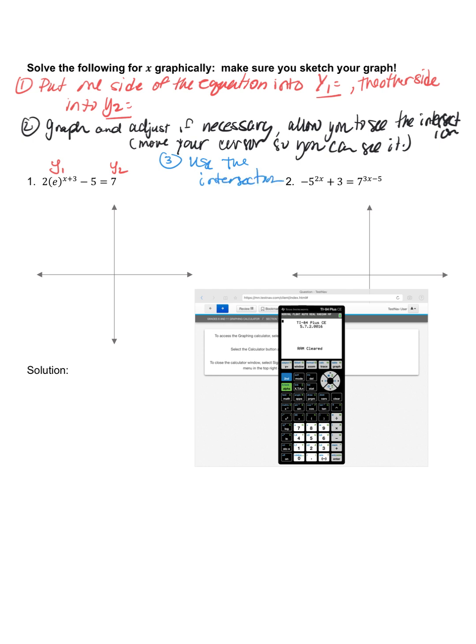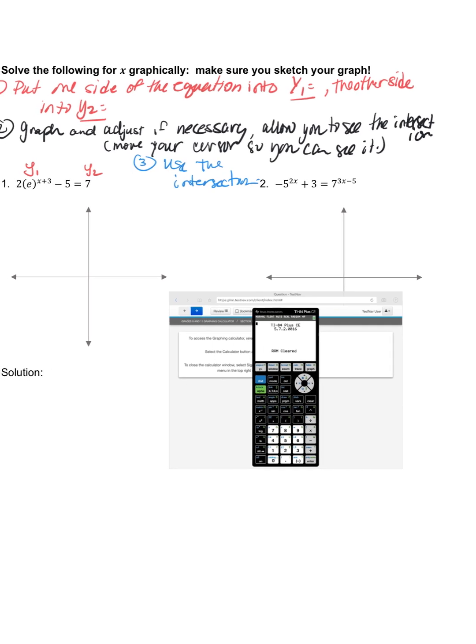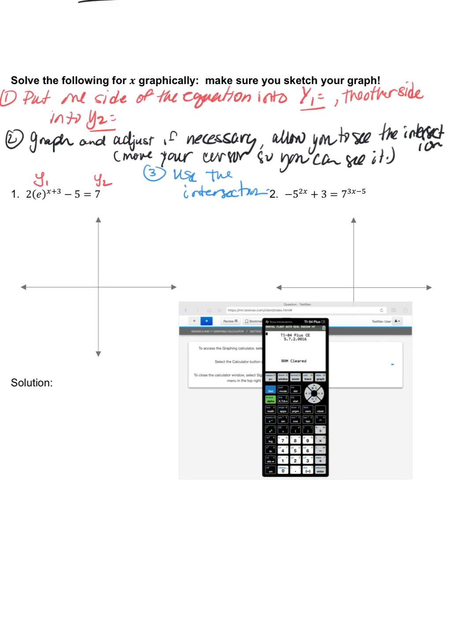We've done this before in another lesson, and we've done this before in Algebra 2. So let's look at how we do this. The first thing I'm going to do is enter y1 and y2 in my calculator. I'm going to clear this out.